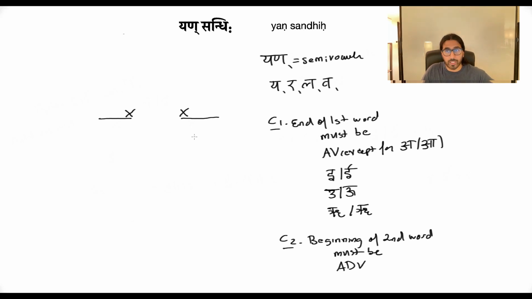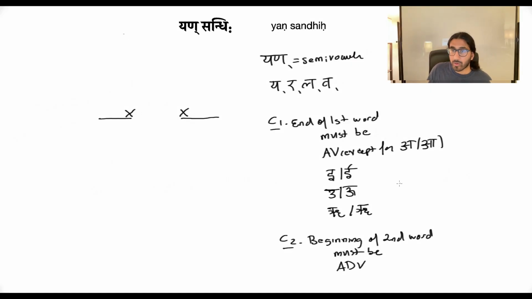Okay? Remember that. First condition, end of the first word must be any vowel except for a or aa. And the beginning of the second word must be any dissimilar vowel. Okay, it cannot be the same vowel that follows afterwards, because that will activate a different sandhi, the one that we already learned. Okay, savarna dirgha vowel sandhi.